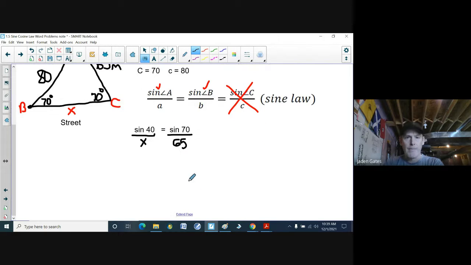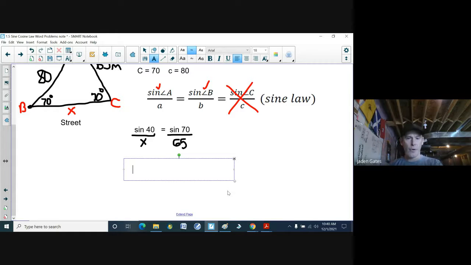All right. So now I can simplify this first because, again, I don't like dealing with sine 40s. I saw a couple of you before doing that, but I don't. I like numbers, so I type sine 40 in. Sine 40. And I get 0.64. And that equals sine 70, which I get 0.94.